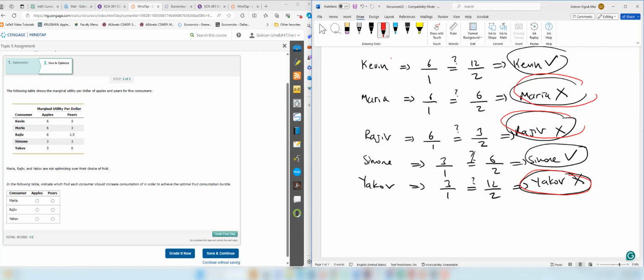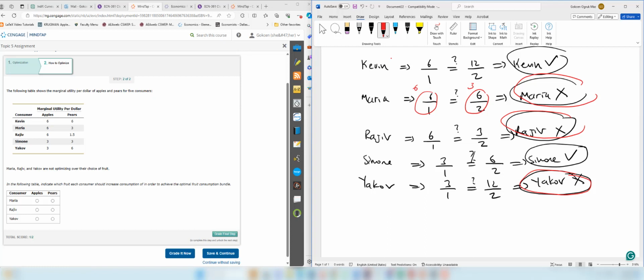Okay, so let's look at Maria. Per $1 she receives 6 marginal utils from apples, and she receives 3 utils per dollar she spends on pears. So she's getting more utility per dollar on apples.